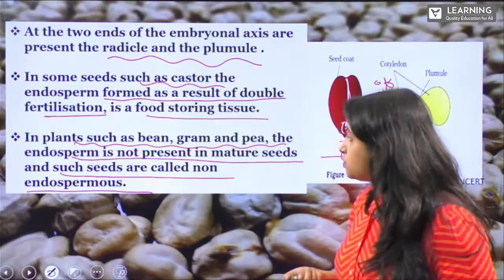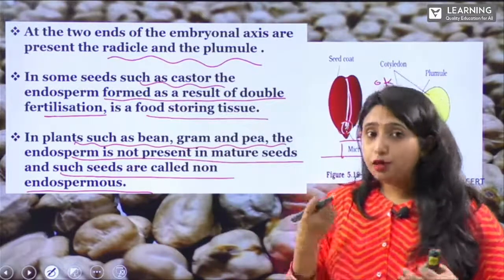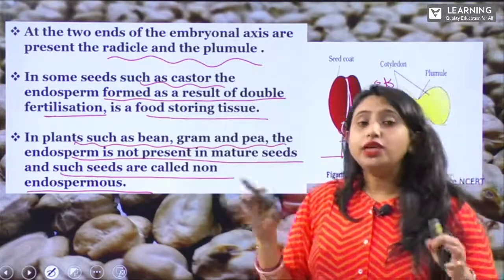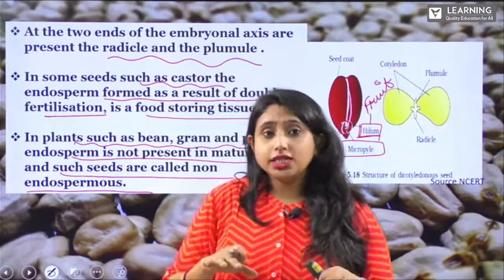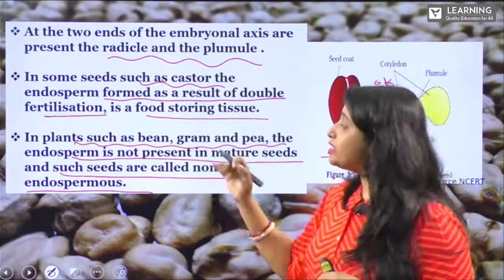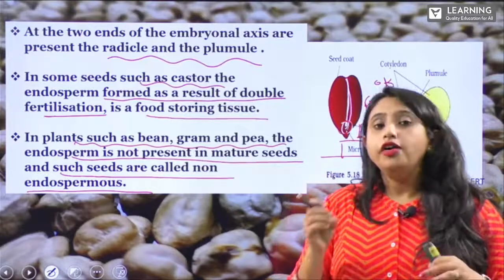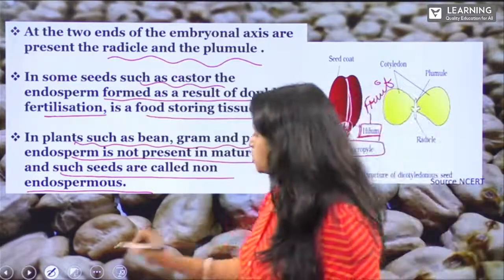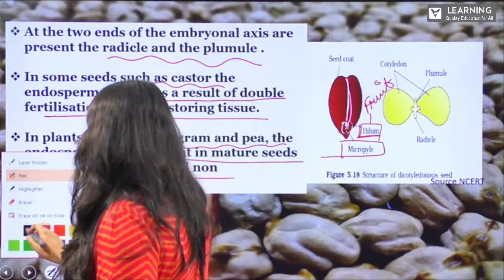So in some plants, like beans and gram, the endosperm is not present. In that case, the cotyledon provides nutrition, and such seeds are known as non-endospermic seeds.